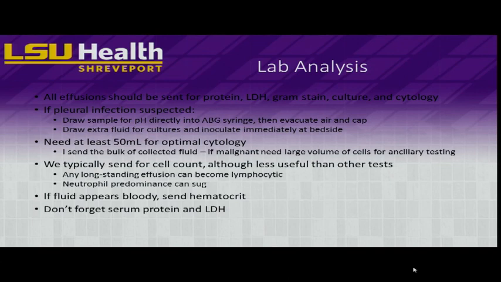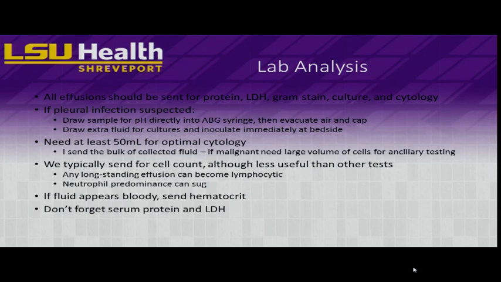Because you do get changes in the apparent pleural fluid pH if you have any included air in the syringe, or if you have inadvertently drawn up some local anesthetic into the syringe as well.